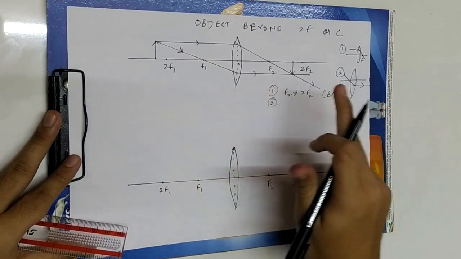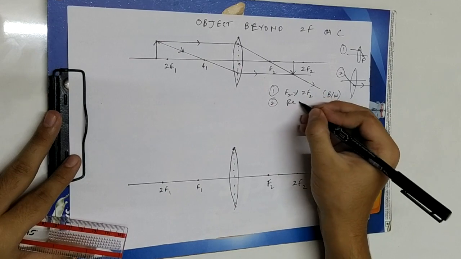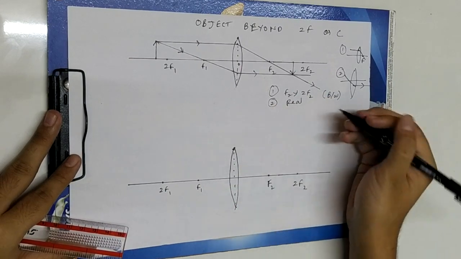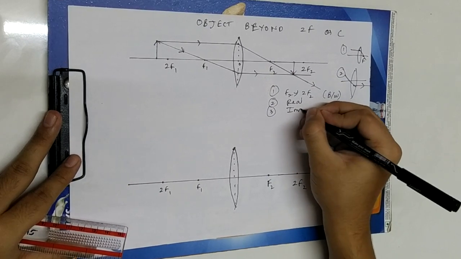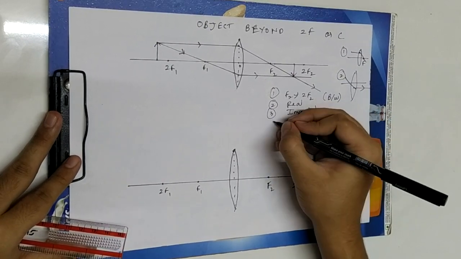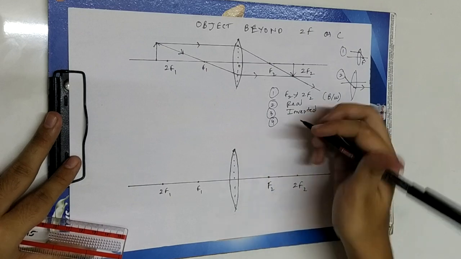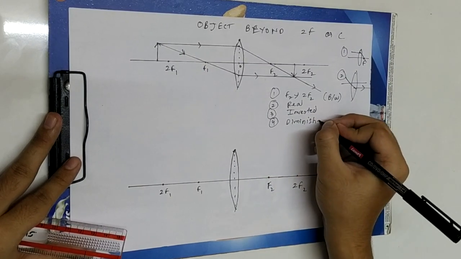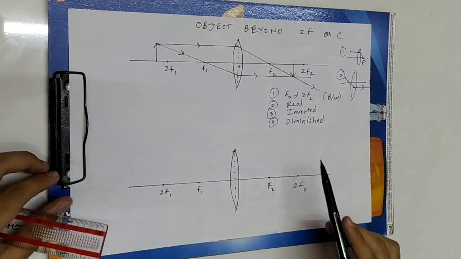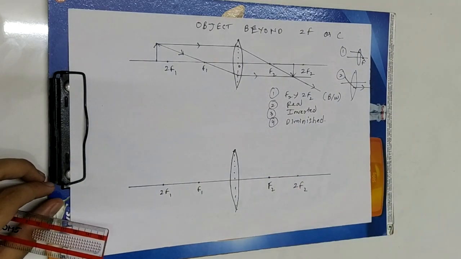Second one, is it real or virtual? Real, because it is formed by actual intersection. Third one, is it inverted? Yes. Is it the same size or diminished in size? It is diminished. So we have learned these four things about the image.